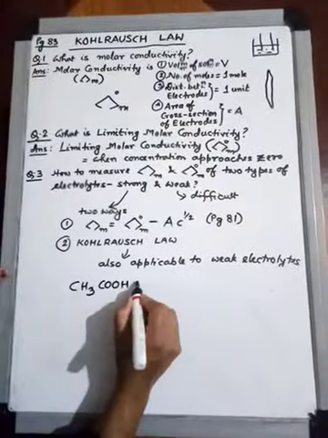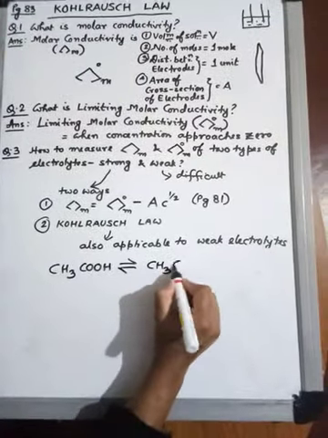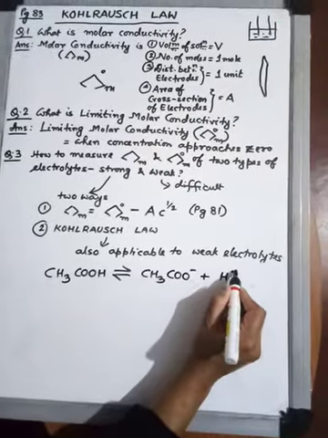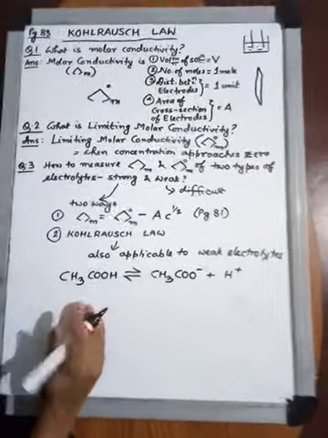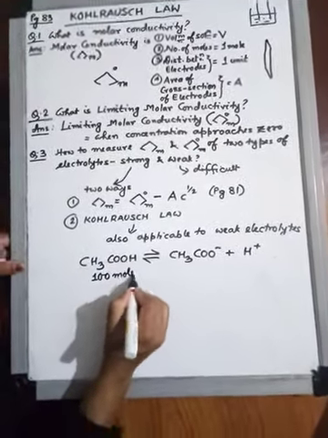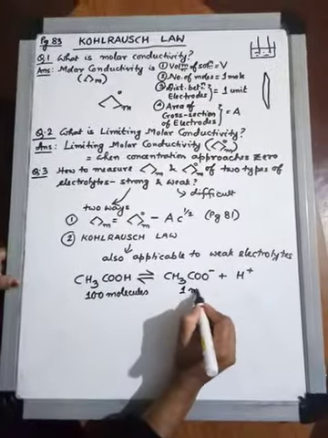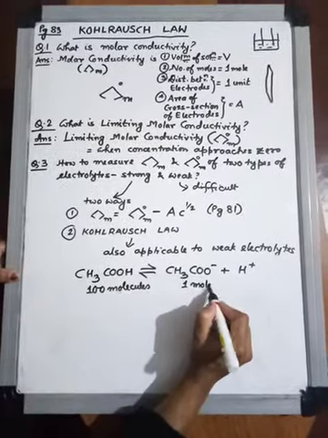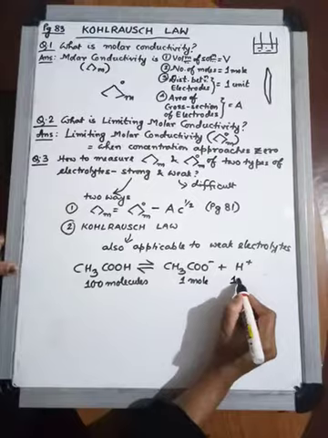CH3COOH, this is your acetic acid. This will dissociate and give you CH3COO minus plus H plus. So this is an example of a weak electrolyte. So how do we measure it? I said if we take 100 molecules, only one out of that 100 will give you one molecule of CH3COO minus, and this one also 1.